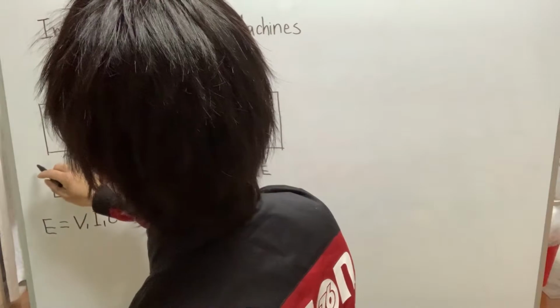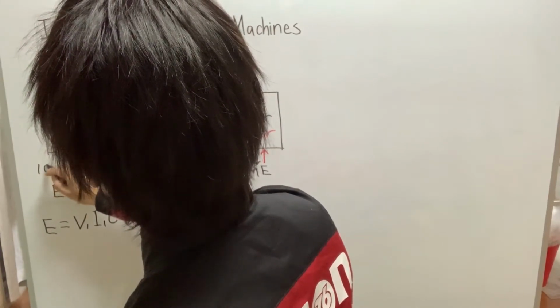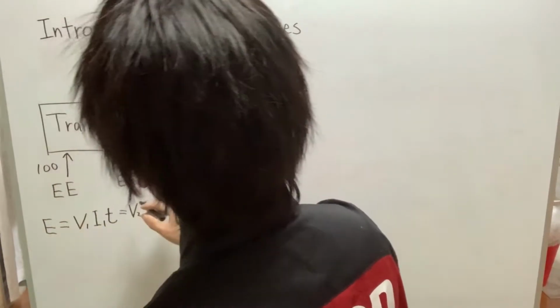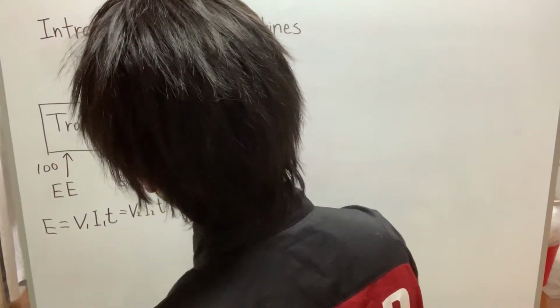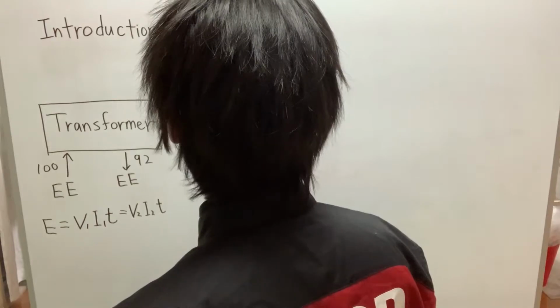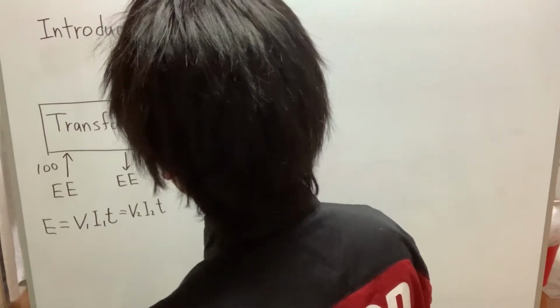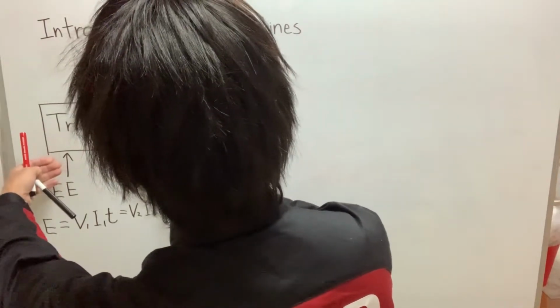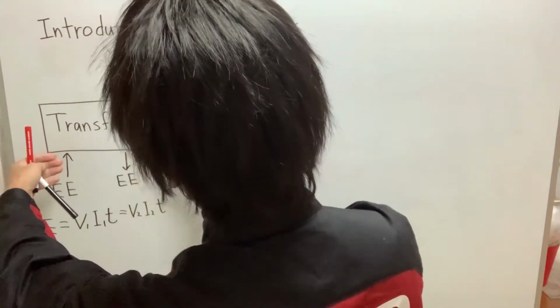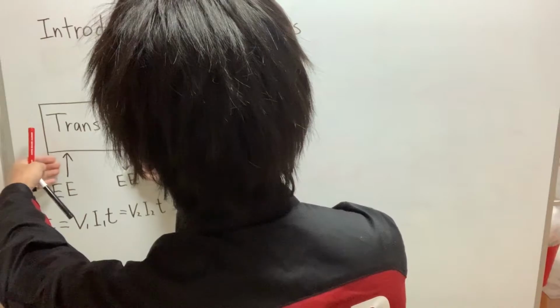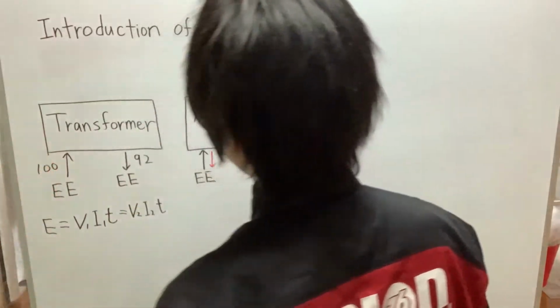So if input is, let's say, 100 joule, we will get only 92 joule because of the losses. But neglecting this transformer loss, this is what is happening. Okay, this is this formula.